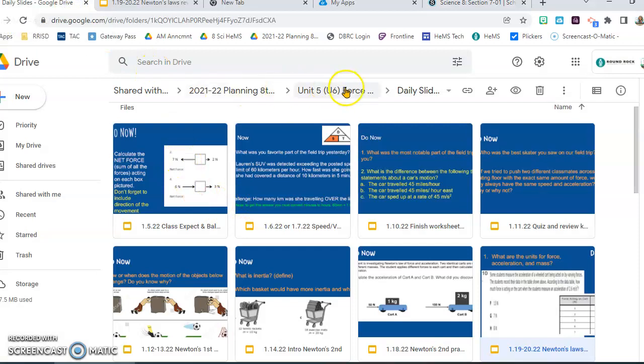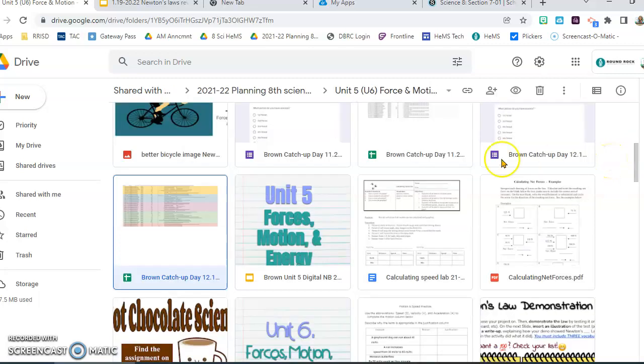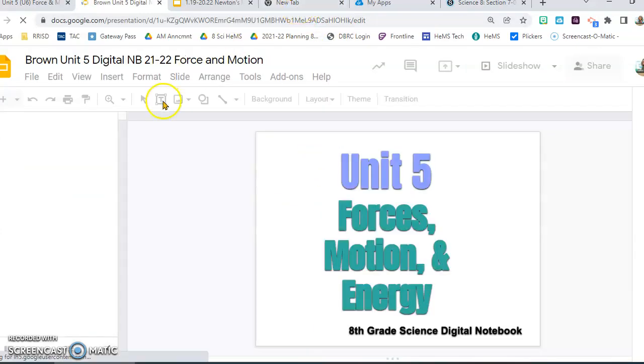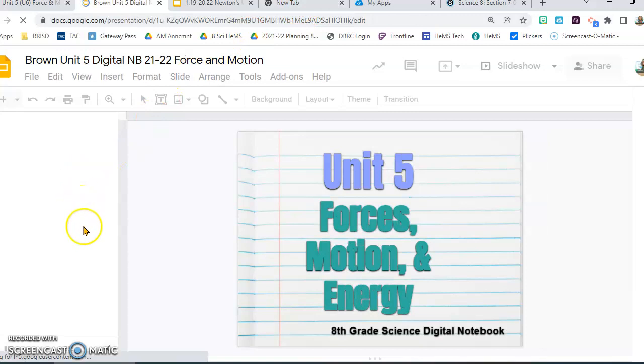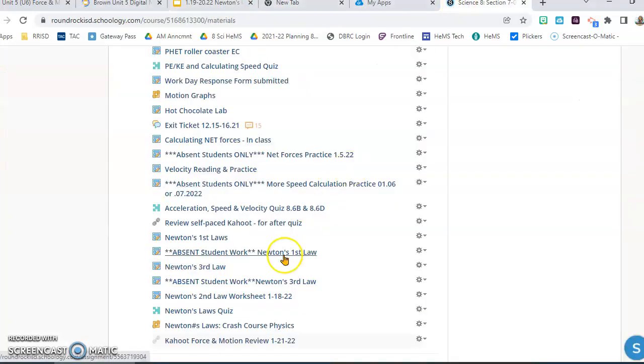All right, so let me check back here. I'm going to go back into my daily slides. I'm actually going to go into my unit, and I'm going to pull up my notebook here, because I want to have my notebook out today. So in your notebook, you're going to record this quiz. This is Schoology, Newton's Laws, and this is going to be 8.6b.